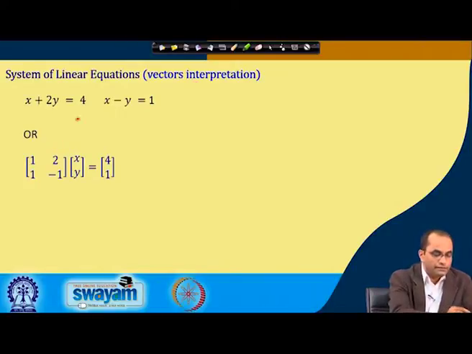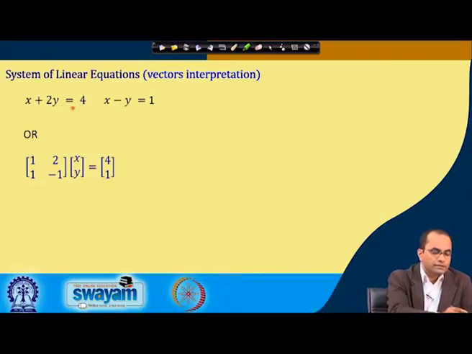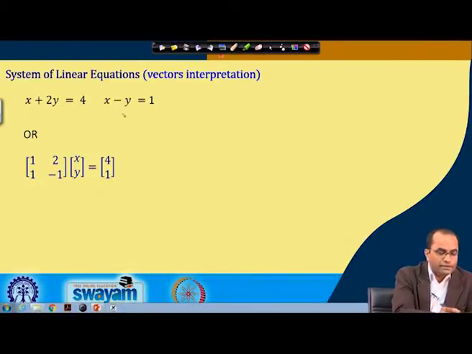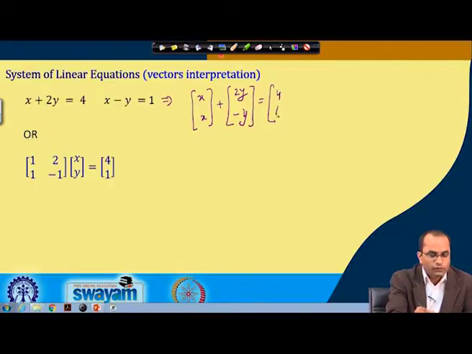We have seen that we had these two equations which we have also written in the form of matrix-vector multiplication, but there is another way of writing this. Considering x plus 2y in the first equation and x minus y in the second, we can write this system with the first vector taking x from the first equation and also x from the second, and then the rest, the y terms: 2y and minus y, and then the right hand side is 4 and 1.